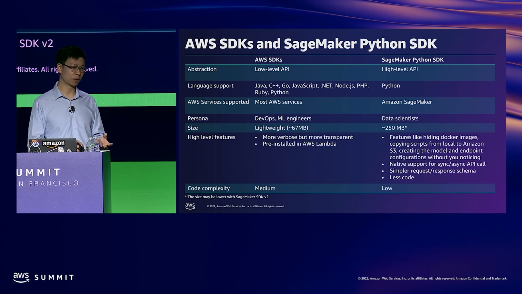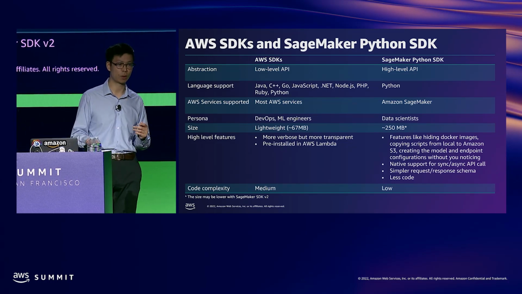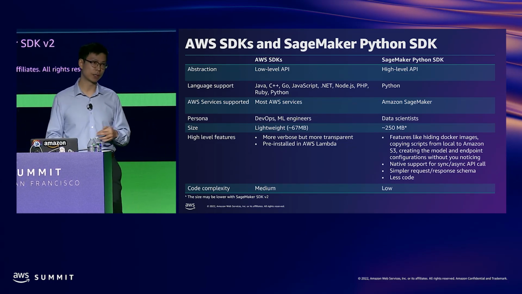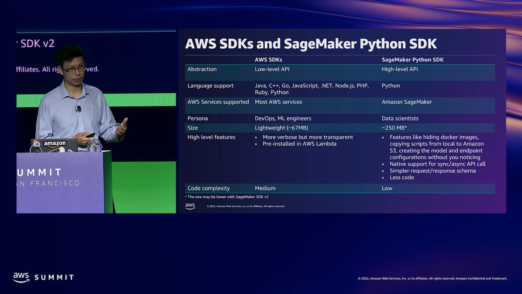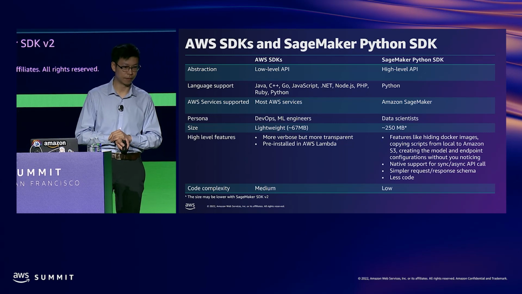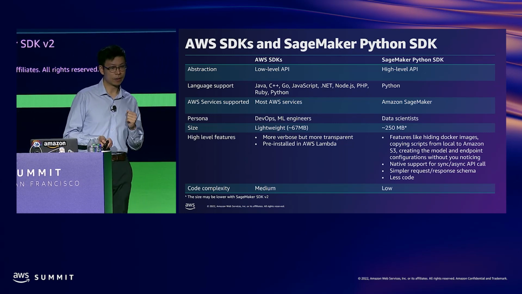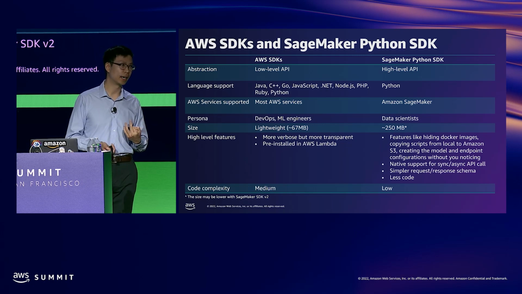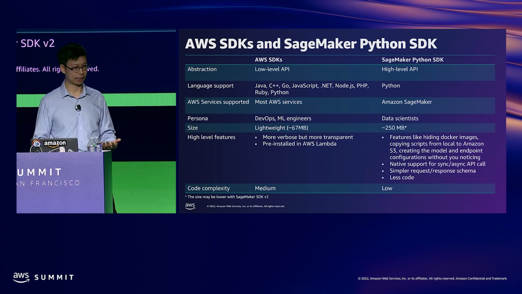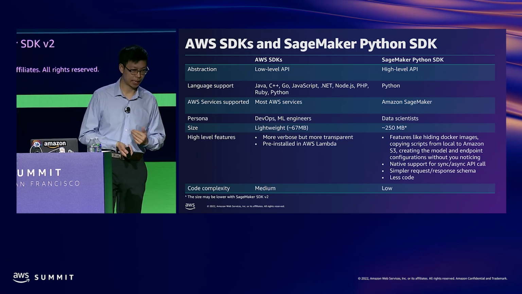And because it is quite low level, you'll see that the number of API calls you have to make is quite high. But at the same time, you know exactly what's happening behind the scenes because you're making those API calls yourself. And because it is a common set of SDK, you'll see that it's pre-installed on managed compute services like AWS Lambda.